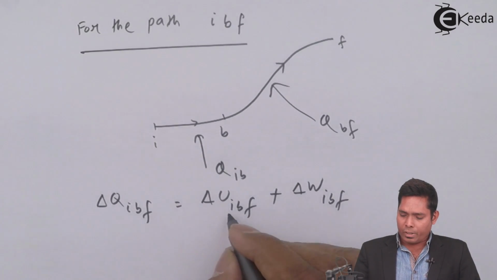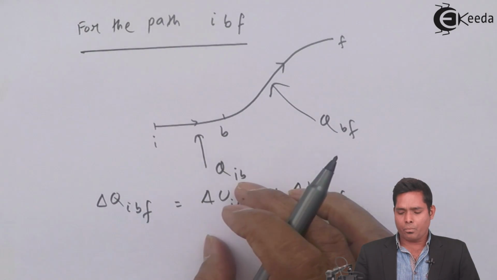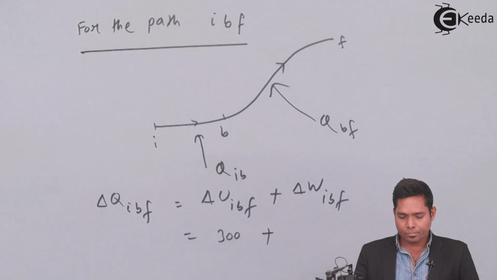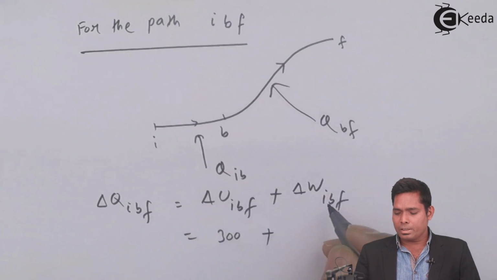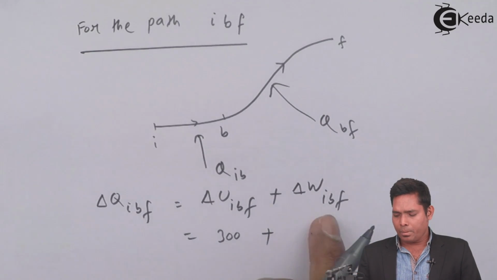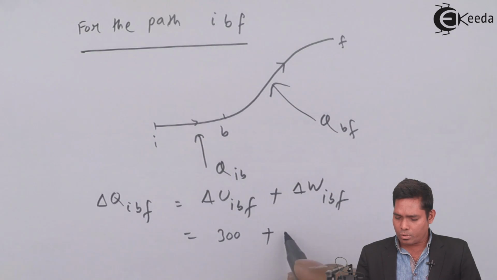This change in internal energy for IBF is the same as for IAF, because the internal energy change doesn't depend upon the path followed, so this will be 300 joule plus delta W IBF. The work done is the sum of the work done by these two processes, W IB plus W BF, both given in the question.